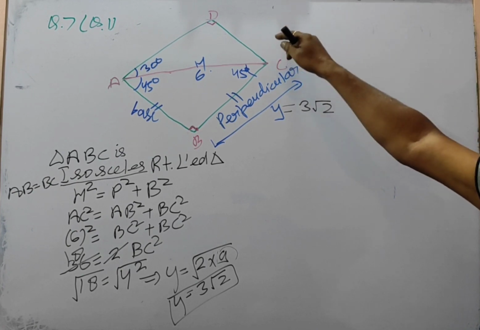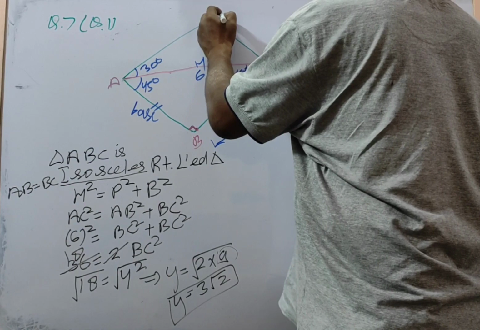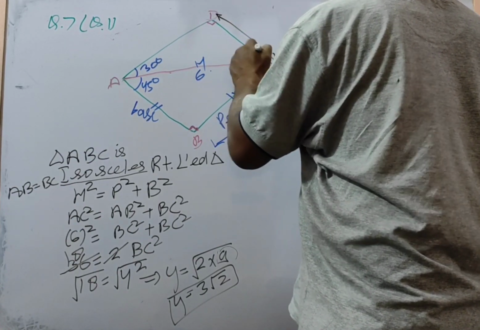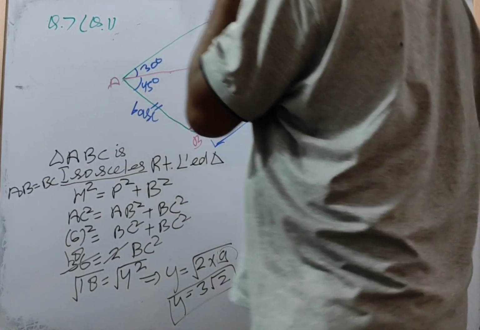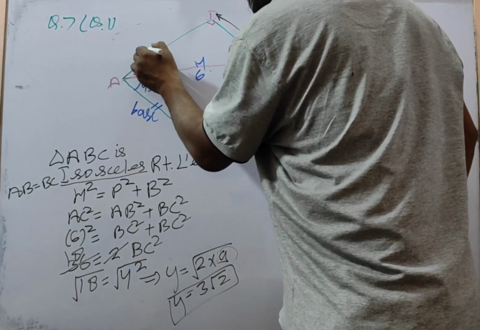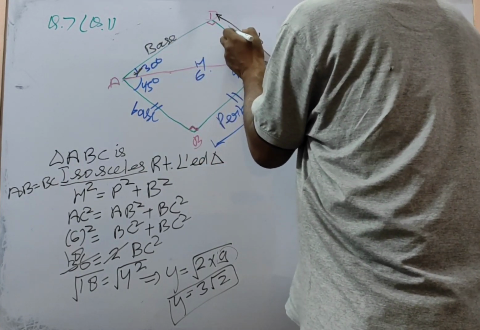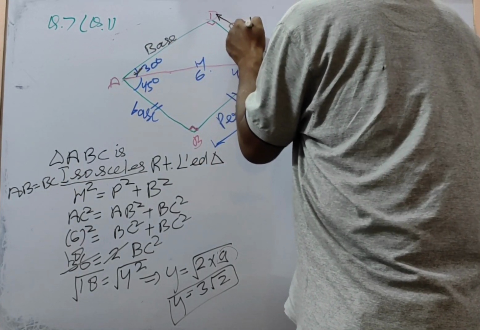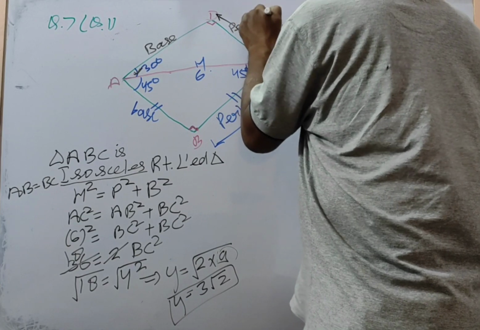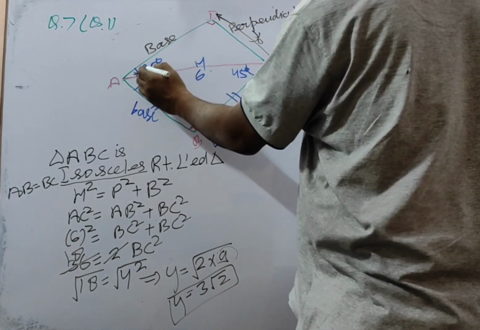We have to find x just for a while. This is x we have to find, right? When we take this angle in consideration, then this is base, and this is perpendicular, and this is 30 degree.